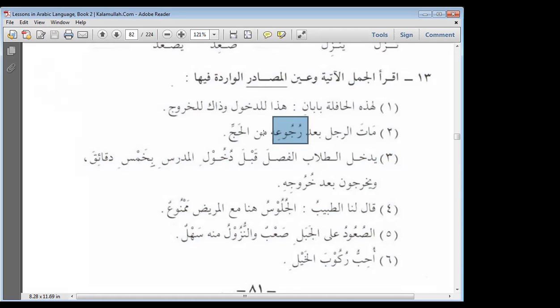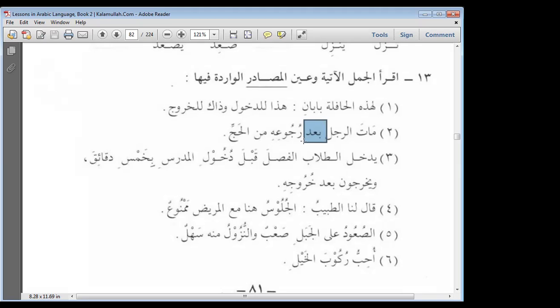Why is it ruju'i and not ruju'u? When it's a noun, the noun can change. We take fatha, normal, kasra, general common nouns. Because it comes after the word ba'da. So ba'da is the zarf, which makes the word that comes after it in the genitive case.